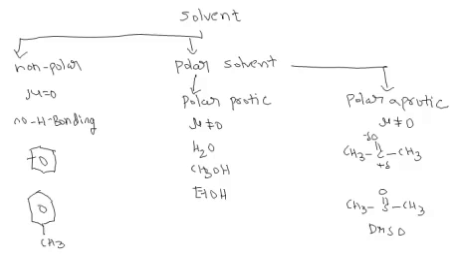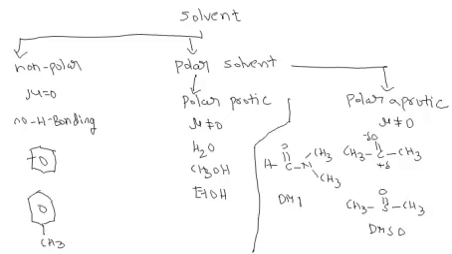And next, N,N-dimethylformamide is also a polar aprotic solvent, and you can write CH3Cl like this also. All these are polar, but they don't have any hydrogen attached to a highly electronegative element, meaning oxygen doesn't have any hydrogen.